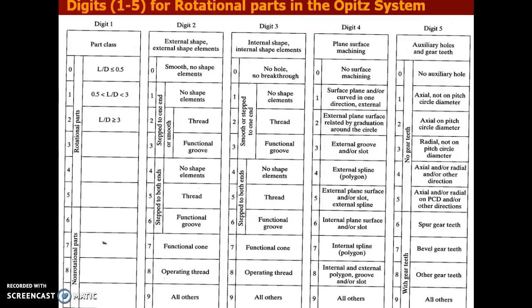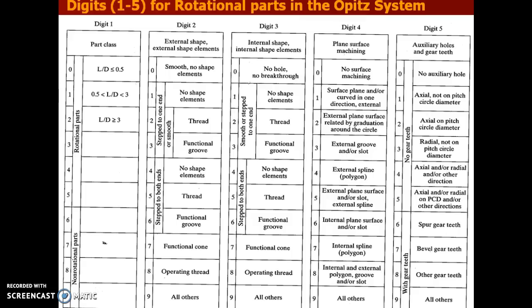If you go into detail about the rotational parts in the Opitz system, you can see that if my component is a rotational part with an L by D ratio less than or equal to 0.5, then my first digit is going to be 0. Then if this particular part is a stepped part with thread, my digit 2 is going to be 2.